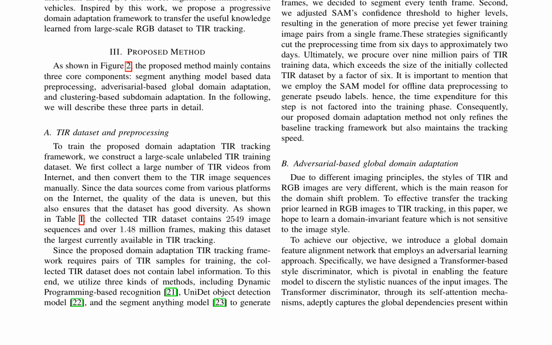The limitations of existing thermal infrared tracking datasets are discussed, highlighting the significance of domain adaptation theory in computer vision. The proposed Progressive Domain Adaptation framework offers a promising solution to bridge the gap between thermal infrared and RGB tracking, enabling the development of robust and accurate thermal infrared object tracking systems.